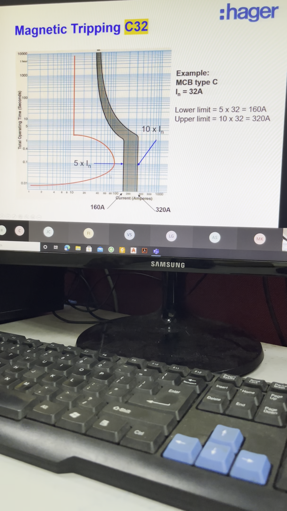So that is why it is important for us to plot your load current and your breaker tripping current, to ensure they are not touching. And secondly, please keep your overload protection as close as possible to the load running current.